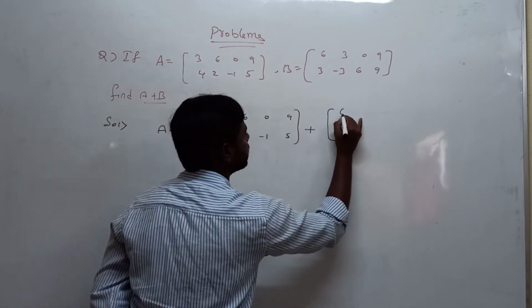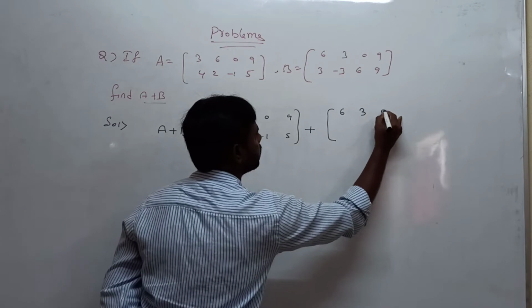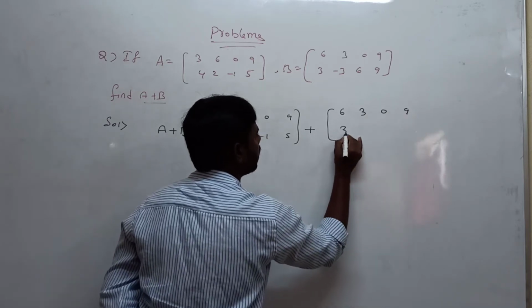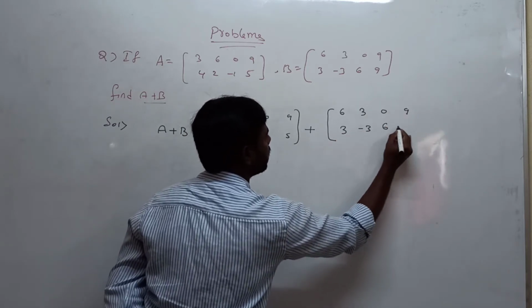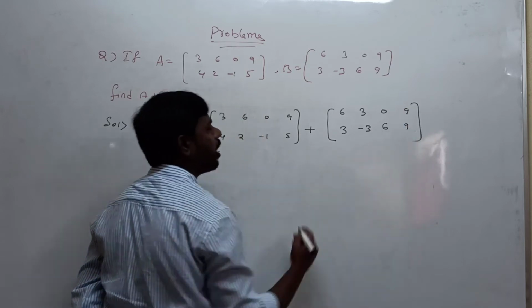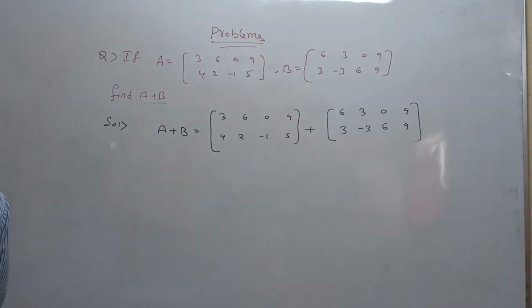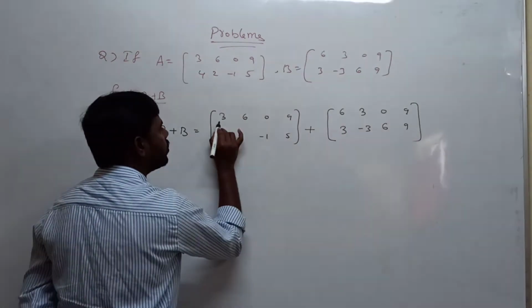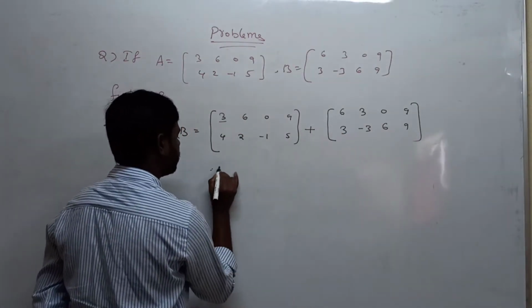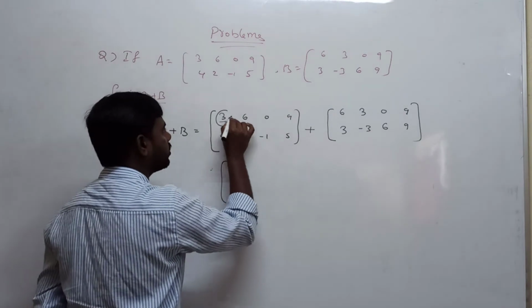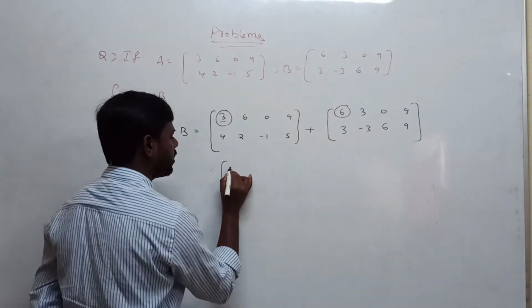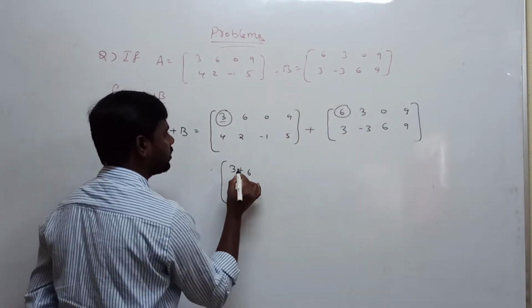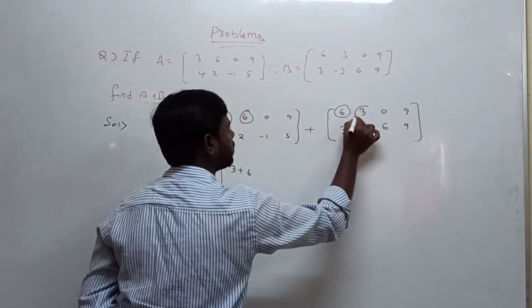Next, B matrix is [6, 3, 0, 9; 3, -3, 6, 9]. They are asking for the addition of the two matrices, which means adding the corresponding elements. Listen carefully: 3 plus 6, next 6 plus 3.